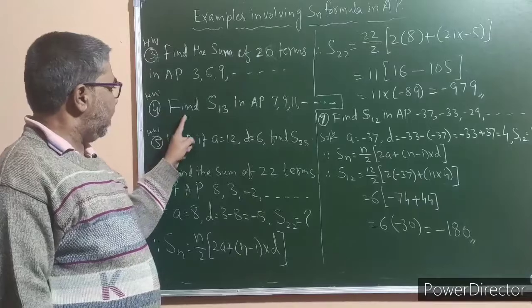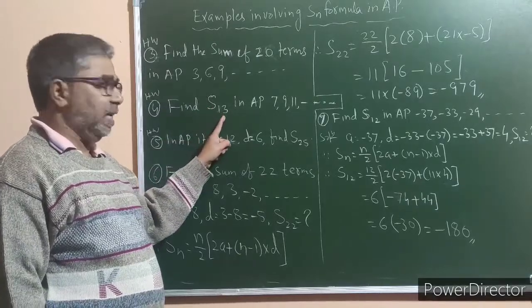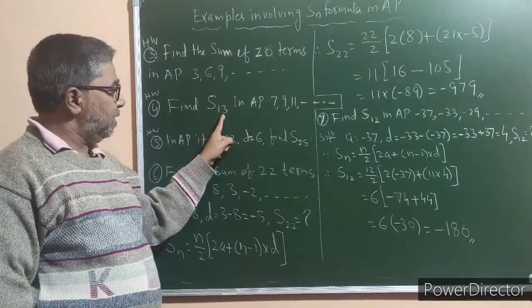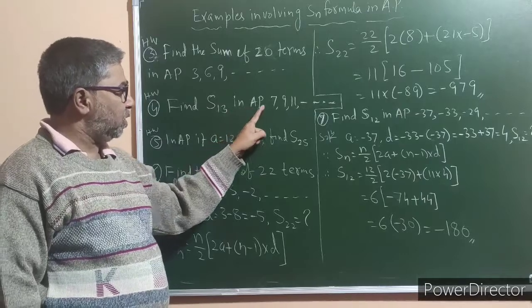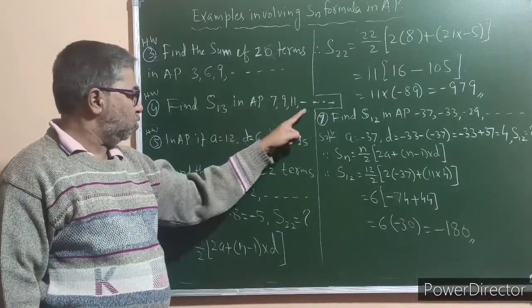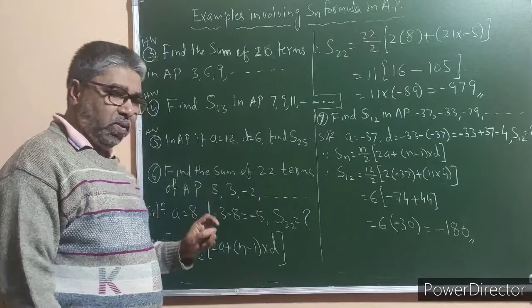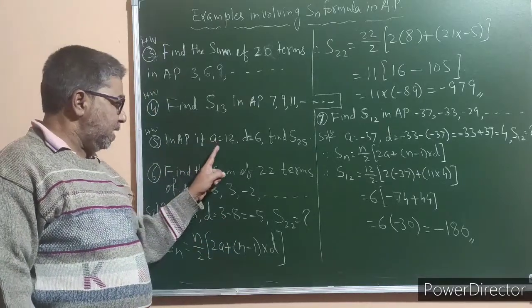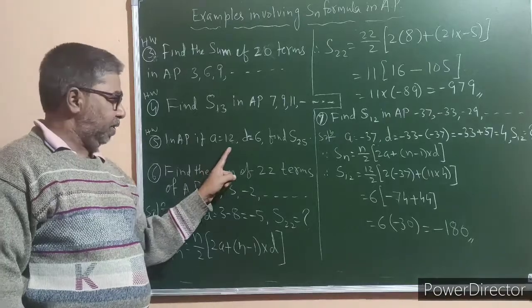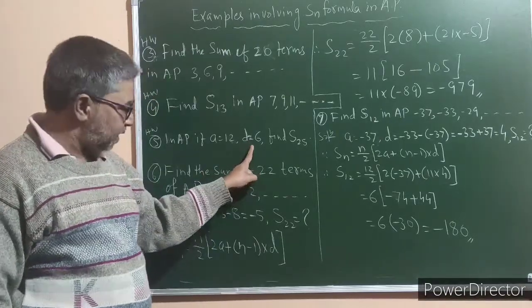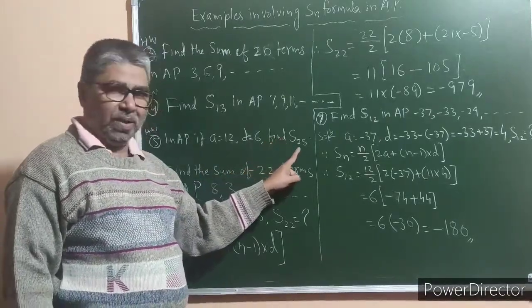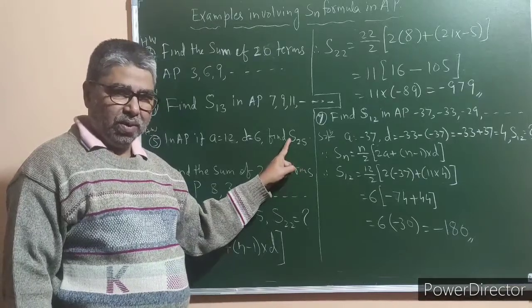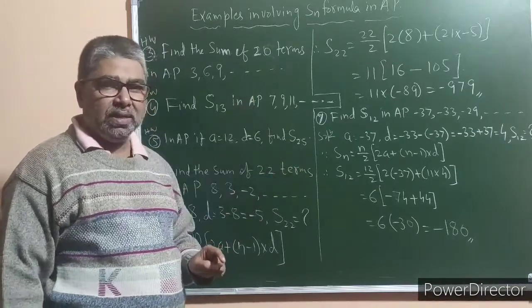The next one is: find S13, that is the sum of 13 terms in the arithmetic progression 7, 9, 11, and so on. And the third example is: in an AP, if a is equal to 12, that is the first term, and the common difference is 6, find S25, that is the sum of 25 terms. Please solve these 3 examples.